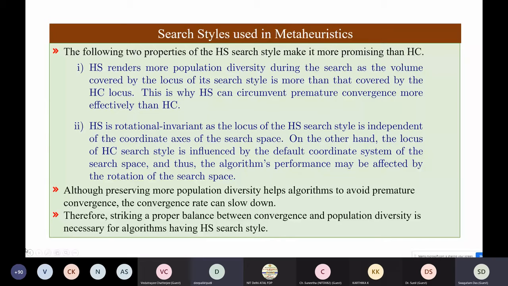One is that HS renders more population diversity during the search, as the volume covered by the locus of its search style, or by the locus of the optimizing agents, is much more than that covered by the HC locus. This is why HS can better tackle premature convergence, because it has more diversity.